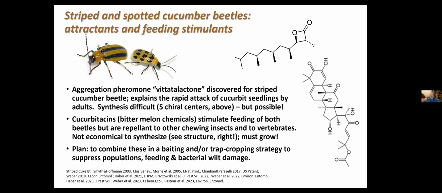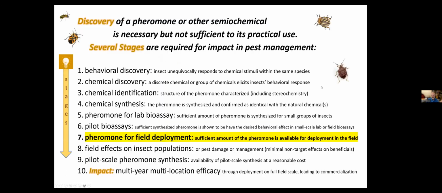They've been bred out of cucumbers and other things that we eat. But the beetles love them, and the spotted cucumber beetle does too. So if we can combine the pheromone as a distance attractant and the cucurbitacin as a feeding stimulant, gosh, we might have a good attract and kill tactic, or maybe just call it a bait.